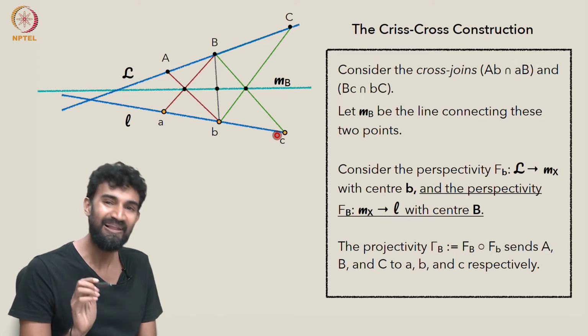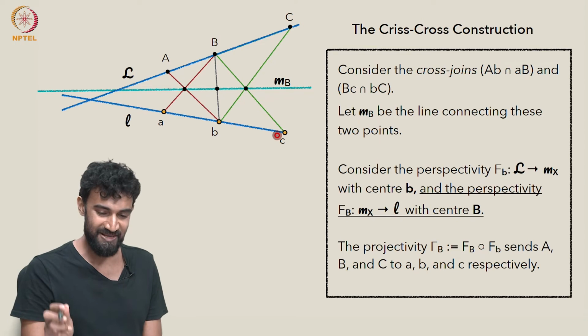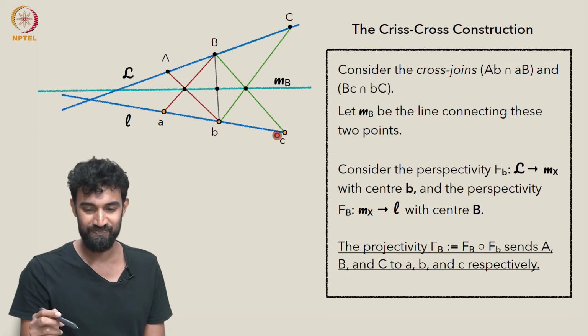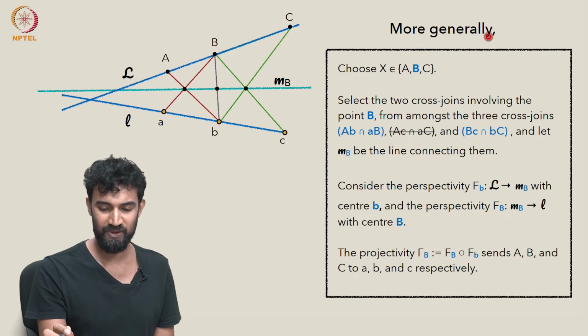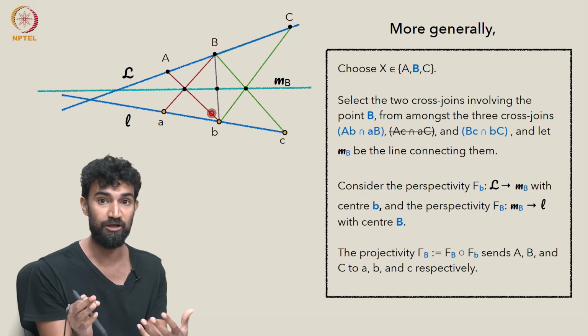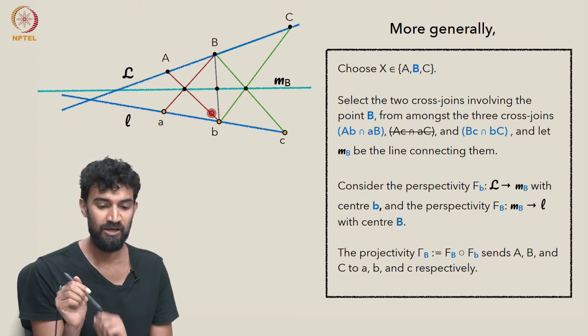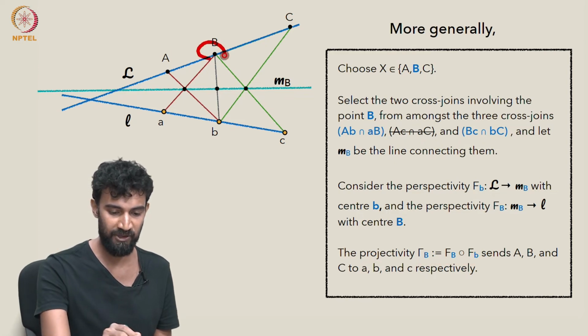Now it's a very elegant construction, kind of very slick. But there's something even slicker about it, which is that we centered it at B, but there's complete symmetry here between the points A, B, and C. There's no reason that we had to center our perspectivities at capital B and little b.